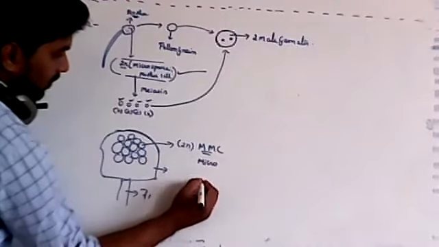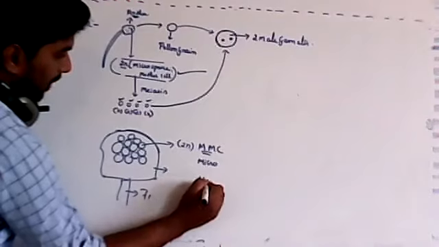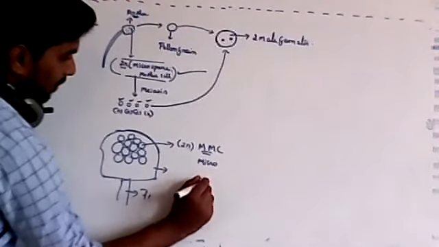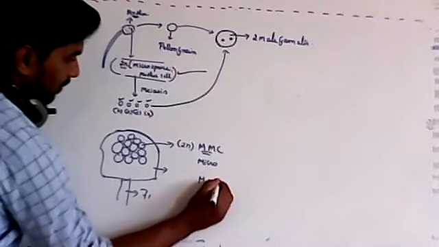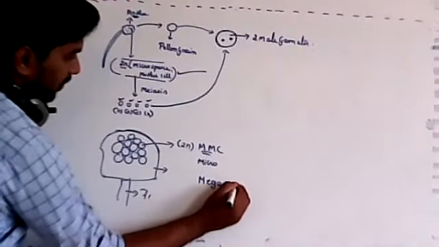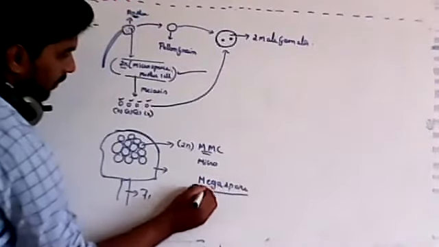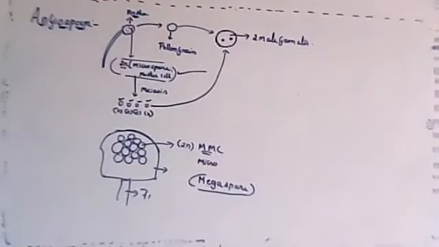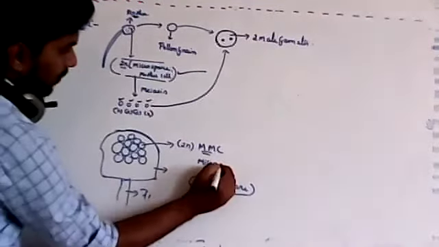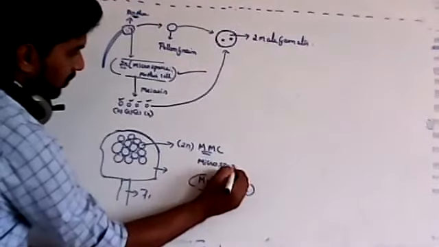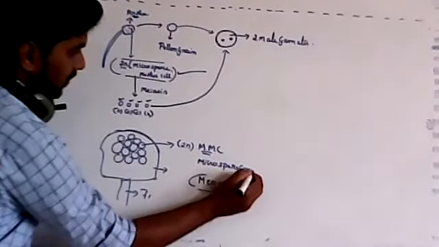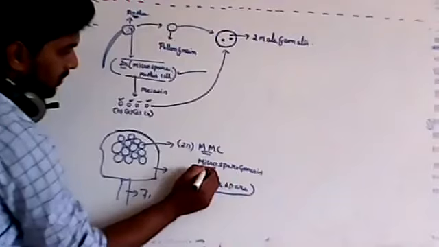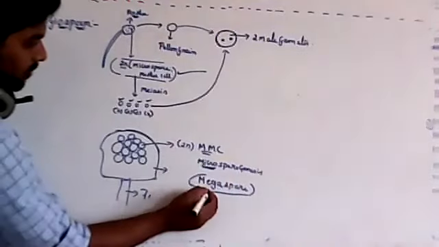And for formation of the female gamete, mega is used, megaspore. Inside the ovule, megasporogenesis will take place, while inside the anther, microsporogenesis takes place. So micro is the term used for formation of the male gamete, and mega for the female gamete.